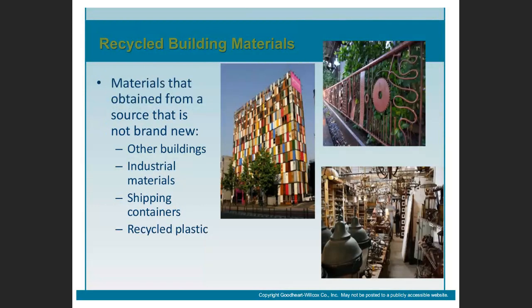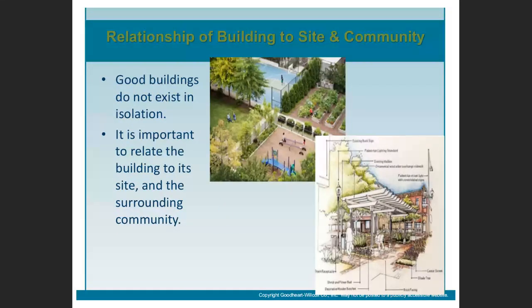Another source of materials for a building is recycled building materials, right? Materials from a source that is not brand new. That can be other buildings. It can be industrial buildings, shipping containers, recycled plastics. All sorts of possibilities for things that can go into our buildings and reducing their material footprint or material impact.